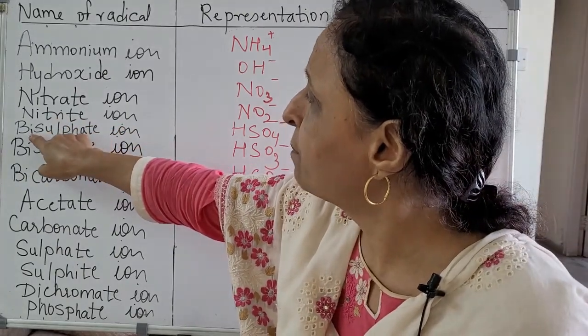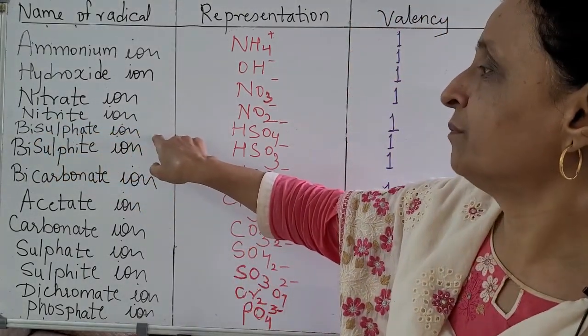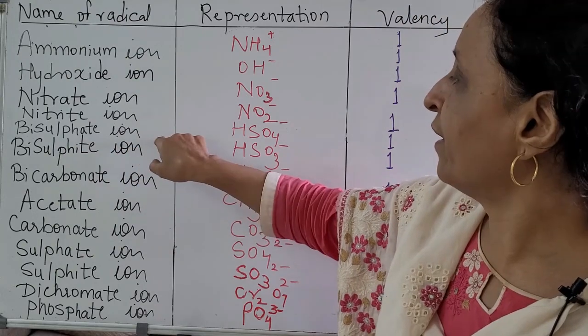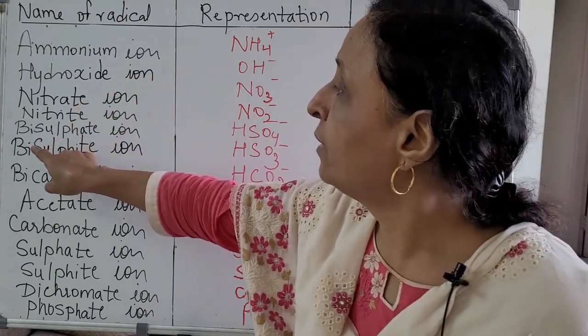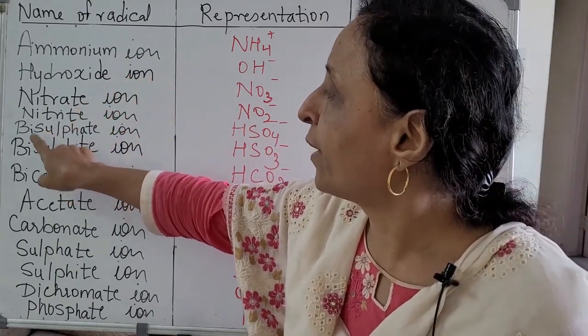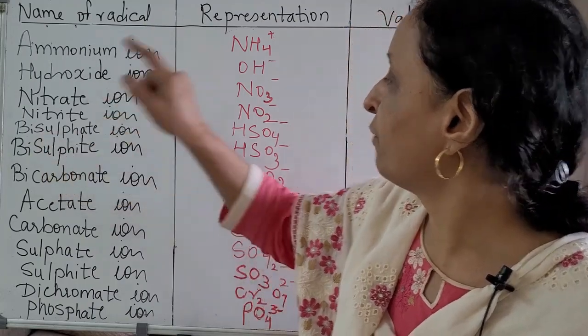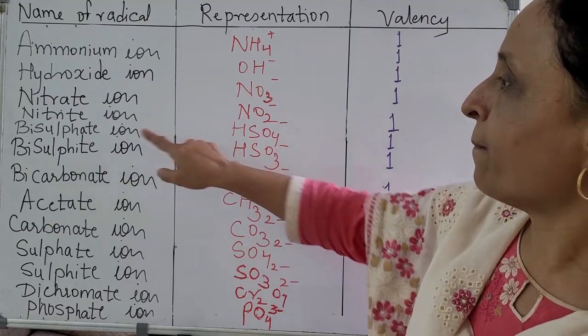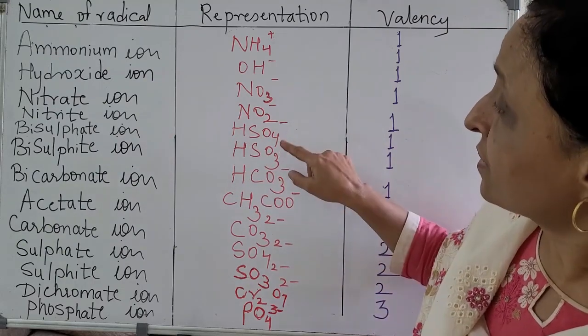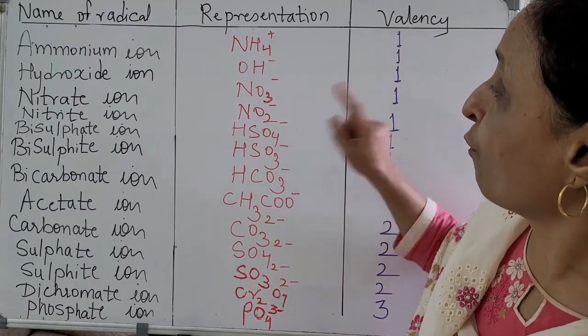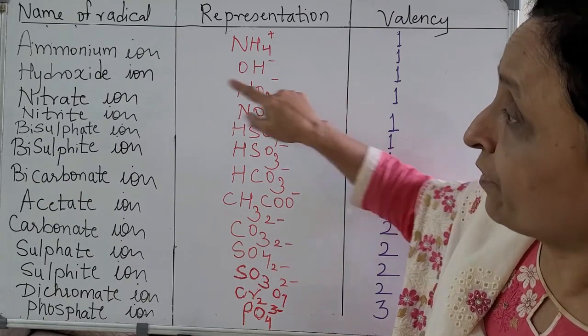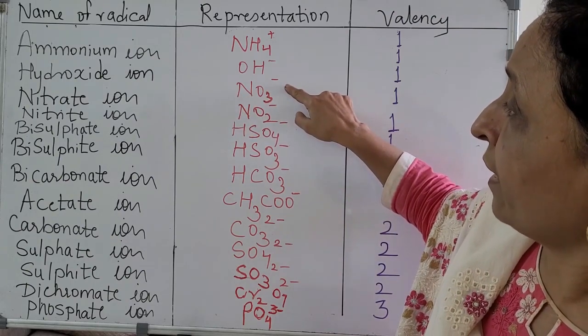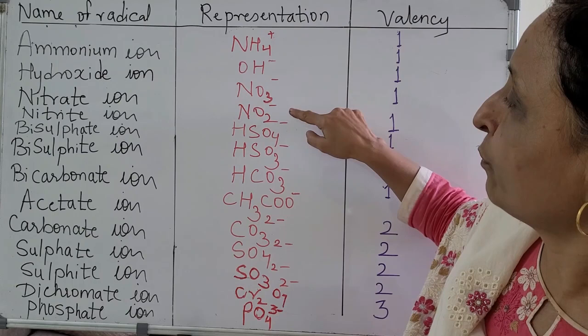Now next is bisulfate ion, bisulfite ion. Now see the sound, sulfate and sulfite, bisulfate, bisulfite. Whenever bi is there, H will be there. Bi is for H. Sulfate, SO4. You have seen nitrate and nitrite, NO3 nitrate, NO2 nitrite.